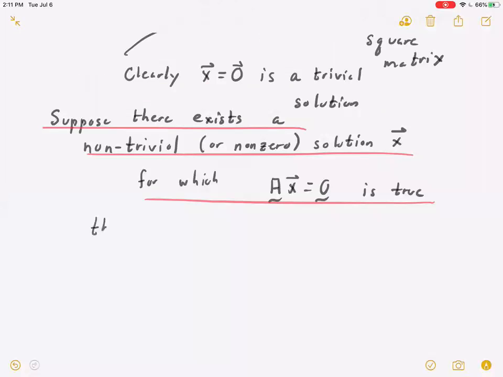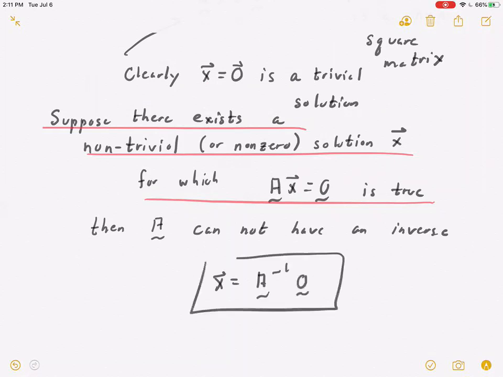Well, if it is true that a non-trivial or non-zero solution x exists, then A cannot have an inverse. Why? Because if A had an inverse, then you would be able to write this equation down, and there's clearly a problem here.